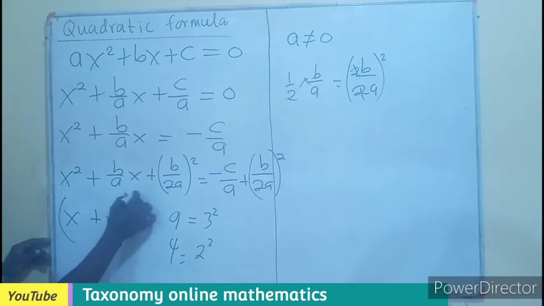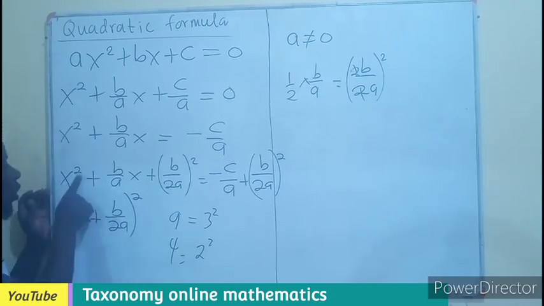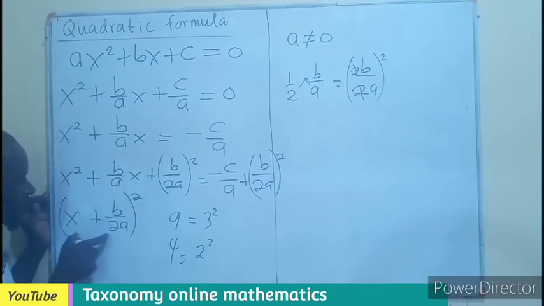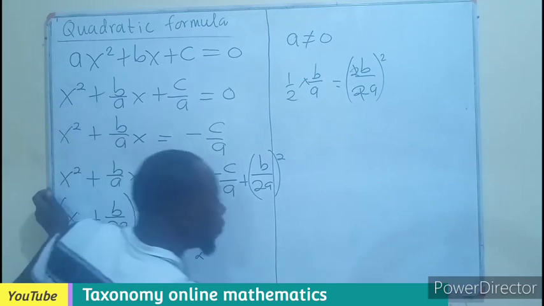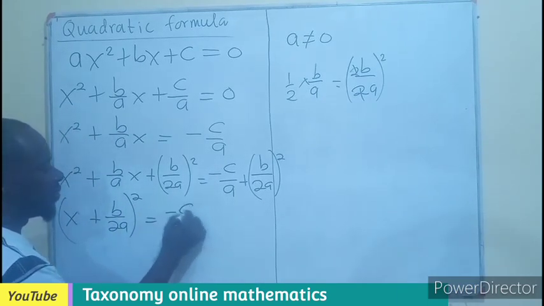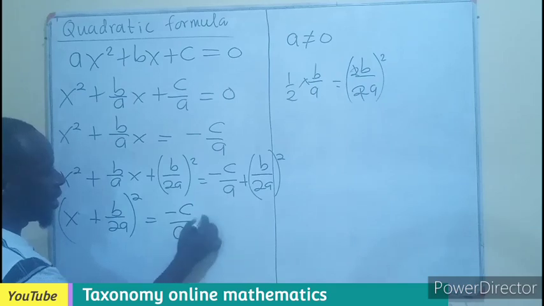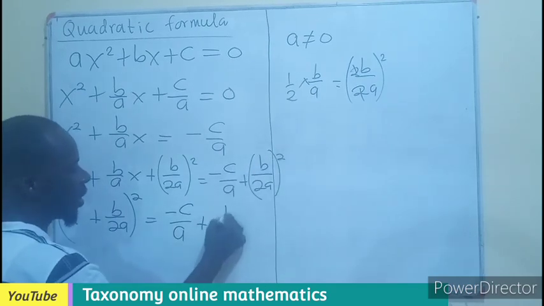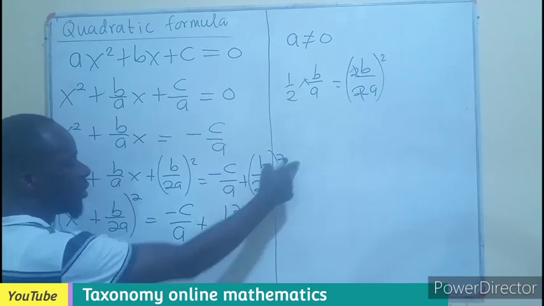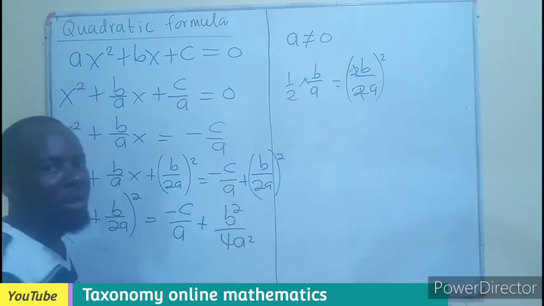Then we put the square on both. We ignore this square, ignore this square, ignore the middle term, because if I expand this term, I will get back the top. So this will now become negative c over a plus b squared over 2 squared a squared.